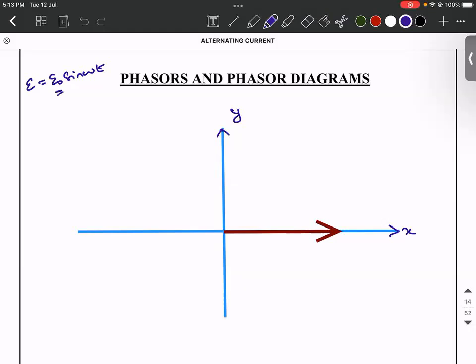Now, what did I say phasors are? Phasors are rotating vectors. Vectors are basically directed line segments. In the sense, a ray with a length associated is what is called a vector. So if I take this and assume that it is revolving in the anti-clockwise direction, did you understand what happened? Let's say it revolved in the anti-clockwise direction with an angular velocity omega.